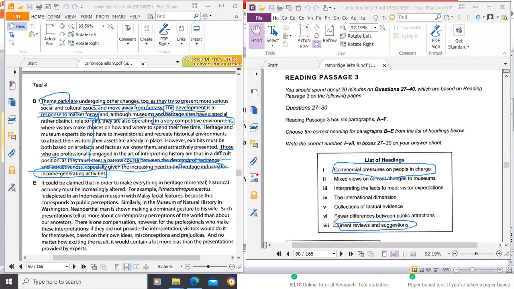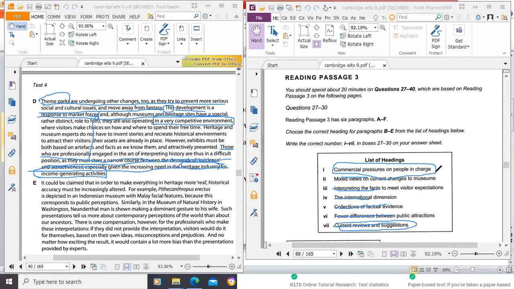If you look at it, it is not mixed views, am I right? It is not about interpreting fact. There is nothing here for that. It is not this as well. Do you get me? Even in the most difficult way, you can work yourself through it, like saying yes, no, yes, no, yes, no, until you arrive at your answer.